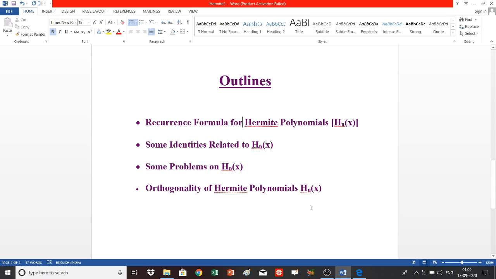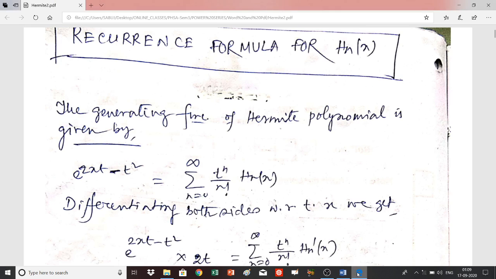Now come to the first topic, that is the recurrence formula for Hermite polynomials Hn(x). The generating function of Hermite polynomials is given by e to the power 2xt minus t square, that is equal to the sum from n equals 0 to infinity of t to the power n by n factorial Hn(x).